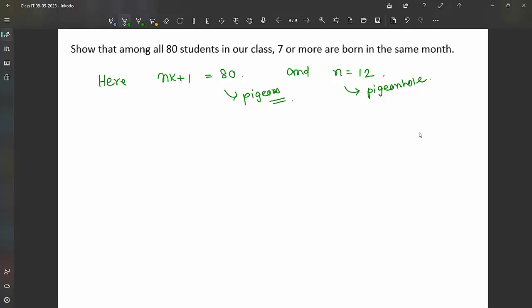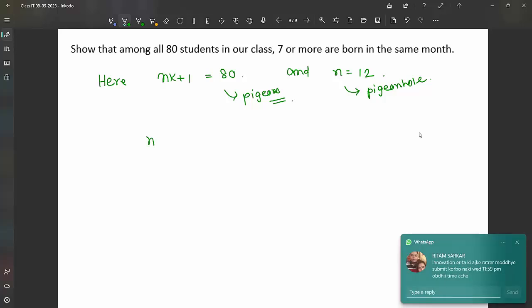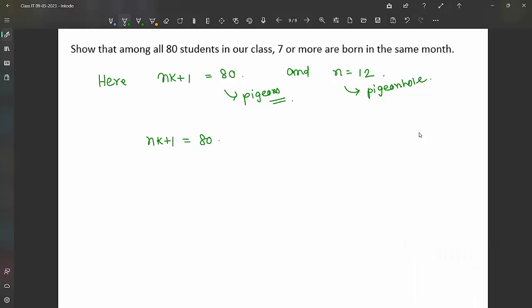After that, this nk plus 1 value is equal to 80, where the n value is 12, so 12k plus 1 is equal to 80. That means 12k is equal to 79, and the k value will be floor of 79 by 12, since k is an integer value. So the integer value of k is equal to 6.